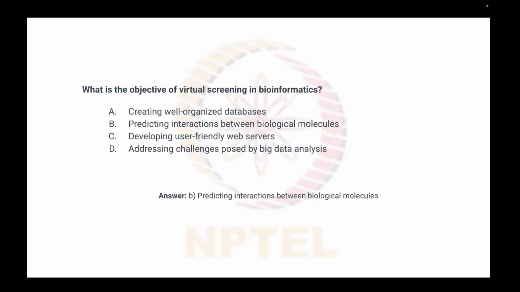Virtual screening is used to predict the interaction of a biological molecule with small molecules. So the biological molecule is a receptor, and there are ligands: one receptor and many ligands. Virtual screening is simply one receptor binding to many ligands.